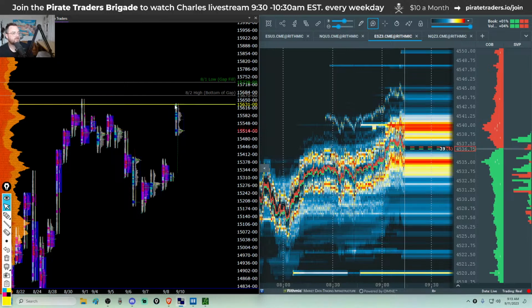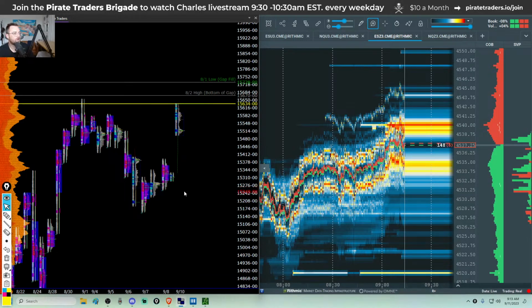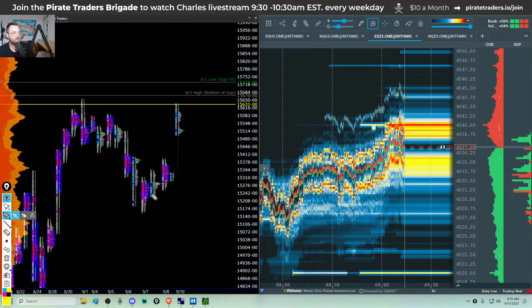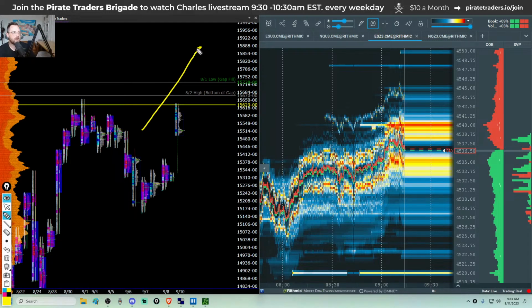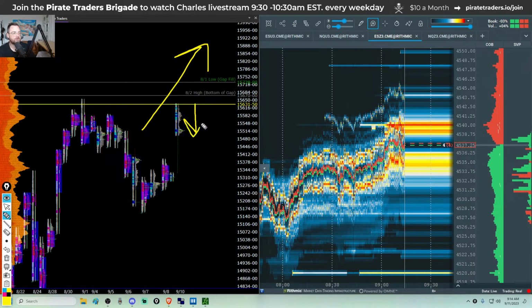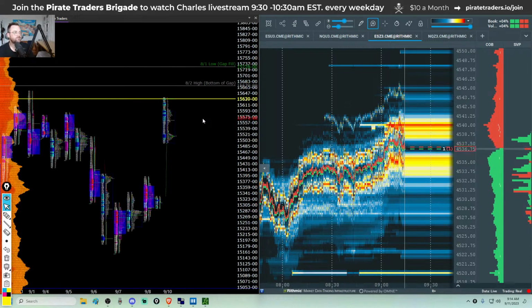Okay, NQ in the exact same situation as the ES, massive gap up because of the contract rollover. So we will trade the NQ the exact same way as we've talked about the ES this morning. We will assume, okay, bigger picture on the daily, this is important to differentiate. Bigger picture on the daily, we will assume there is momentum up, but that intraday at market open, we need to try to pull down and fill the gap, and we will be looking for support inside the overnight range.